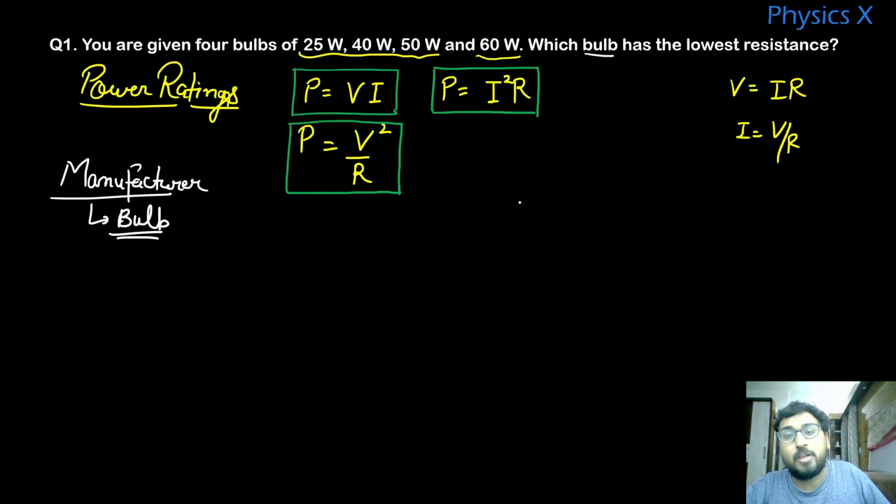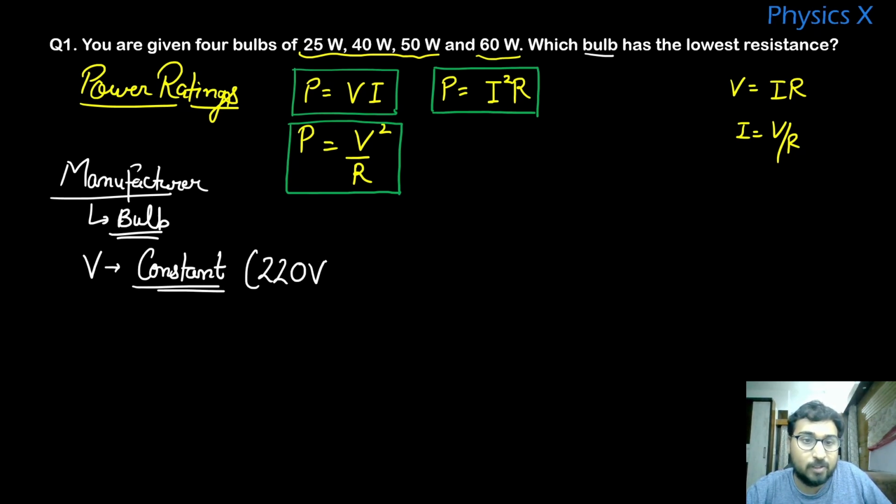First of all, I told you that the voltage or the potential difference you receive at home is going to be constant and the same for everyone, like here we have 220 volts. So voltage is constant.